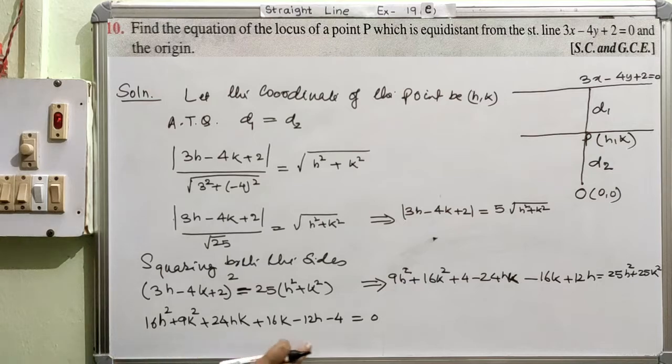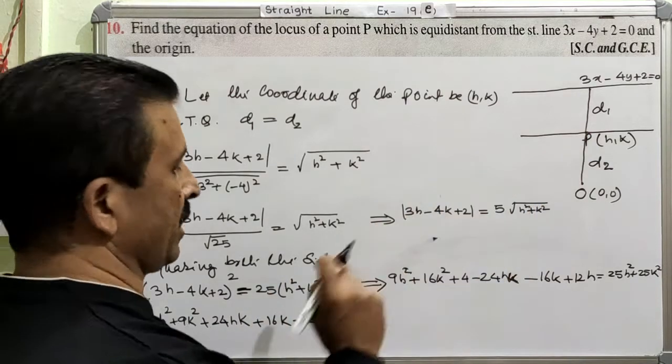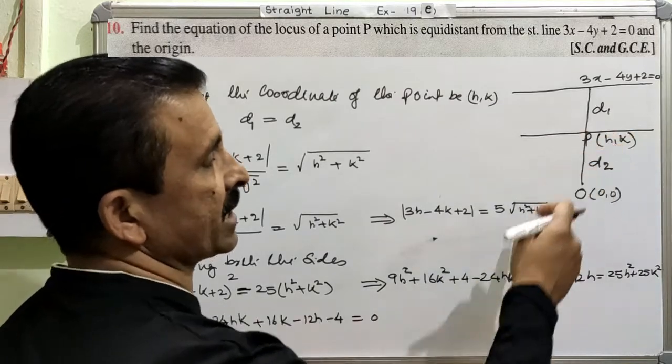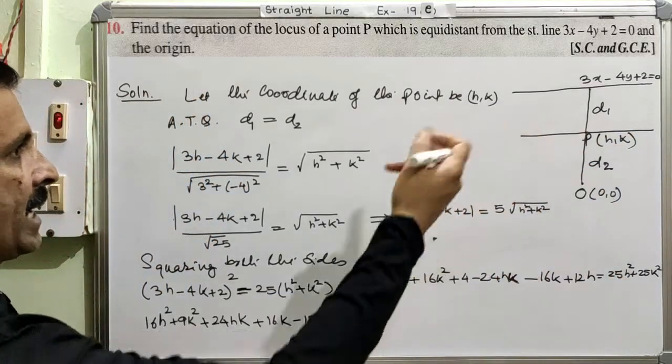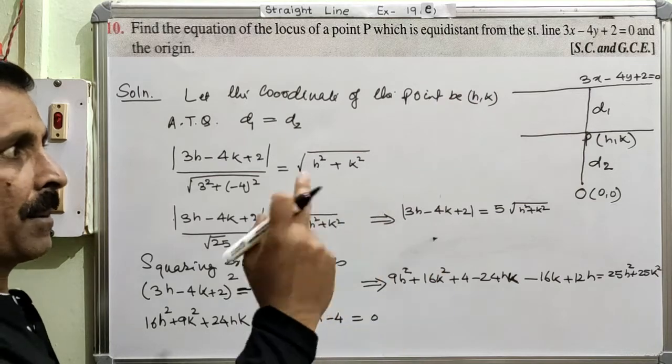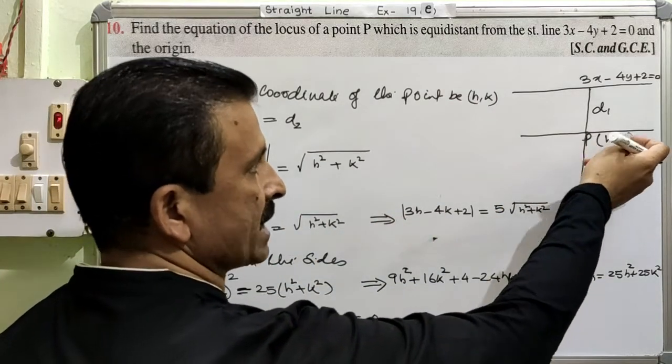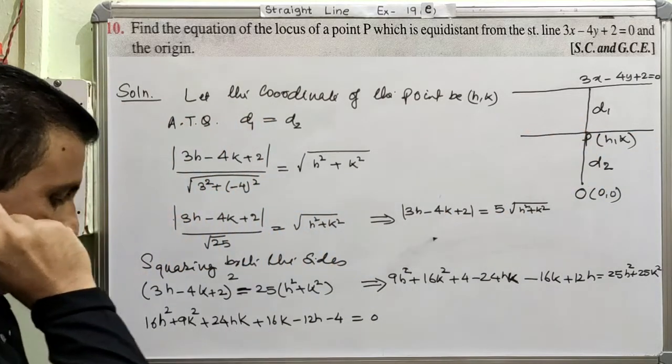So you got your equation, but your equation has to be in terms of x and y. This was just an assumption in terms of h and k. So finally we will replace this h and k by x and y, because the first coordinate will belong to the value of x and the second will be the value of y.